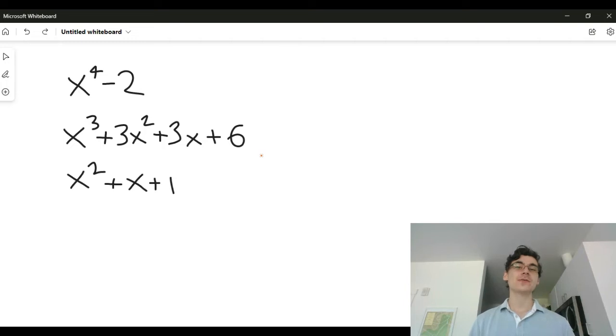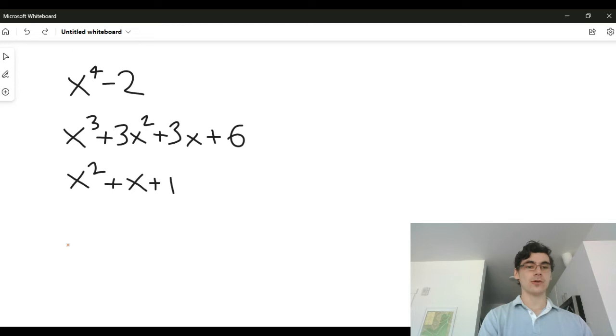And the easiest way when you have a polynomial like this, notice all of these polynomials have integer coefficients, and the easiest way to prove that such a polynomial is irreducible is going to be to use this Eisenstein's criterion.